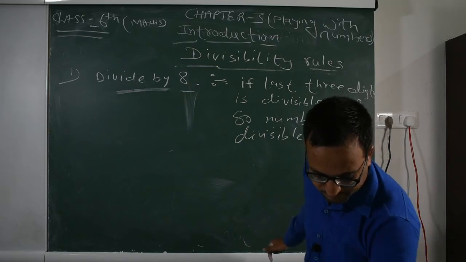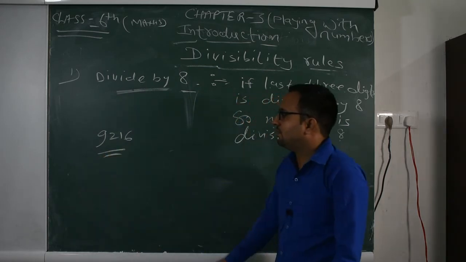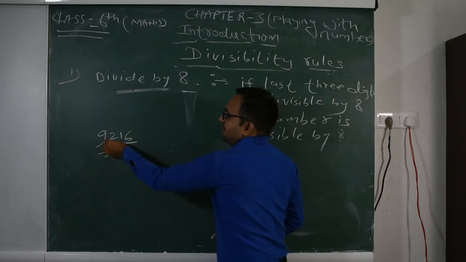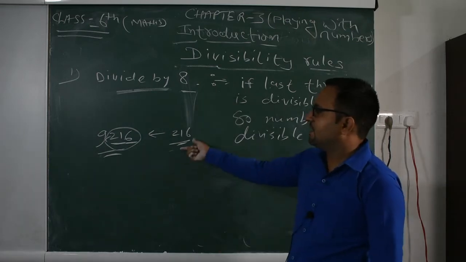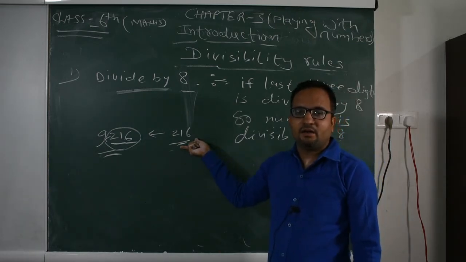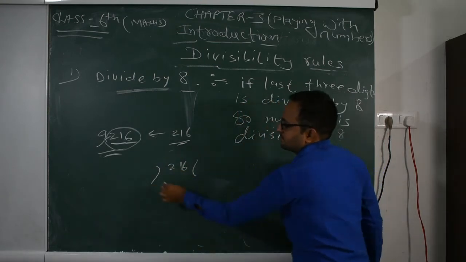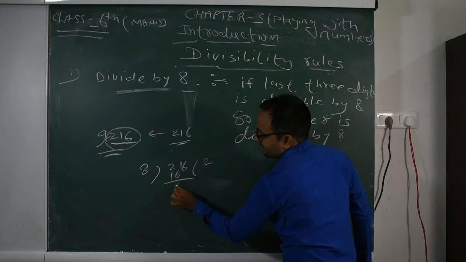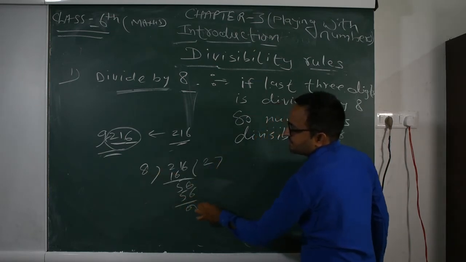For example, 9216. Is the number divisible by 8 or not? For this we check the last 3 digits. The last 3 digits are 216. Now we check whether this number is divisible by 8 or not. 8 twos are 16, we take 5, and 8 sevens are 56.